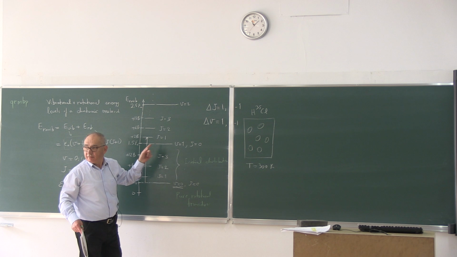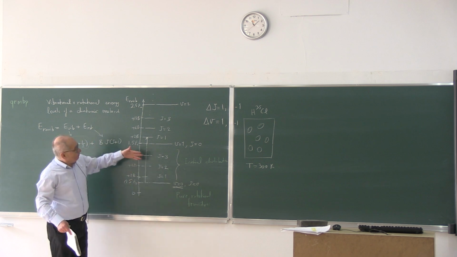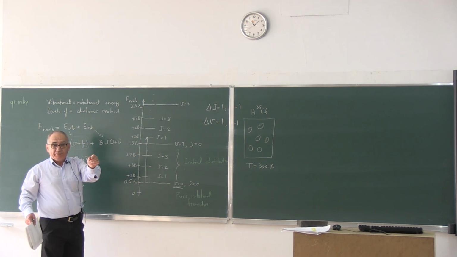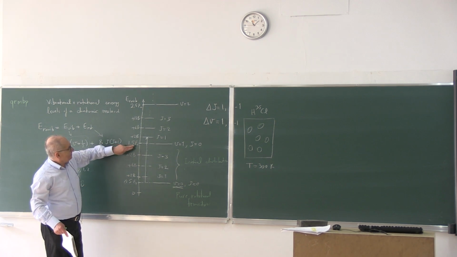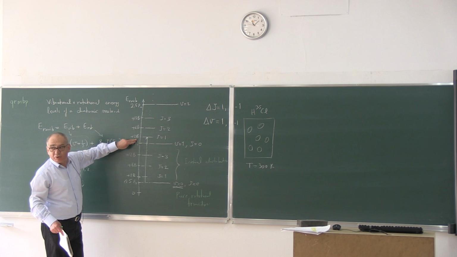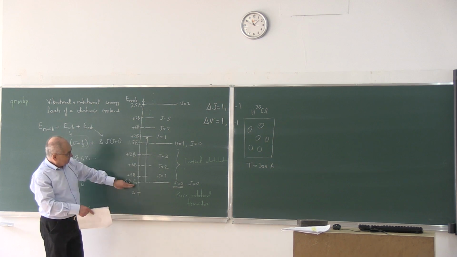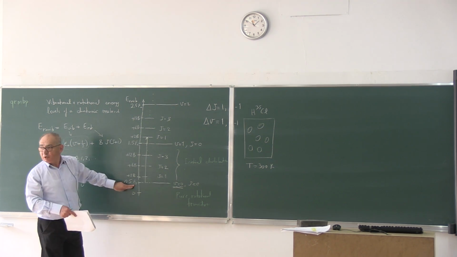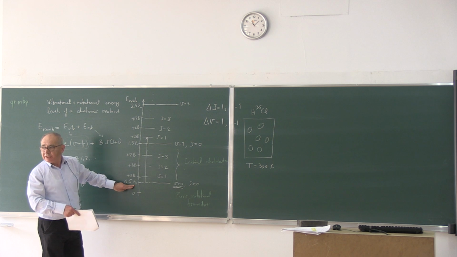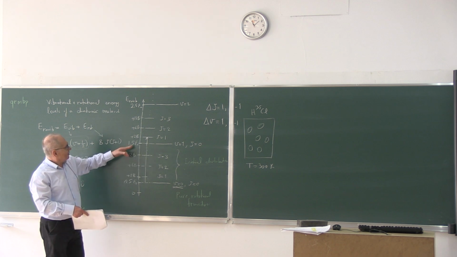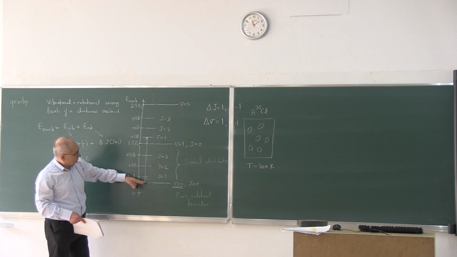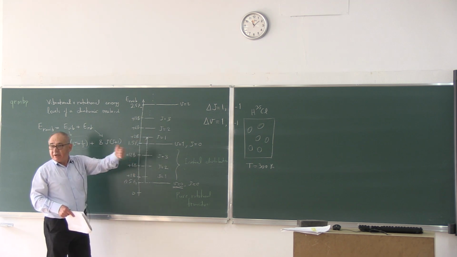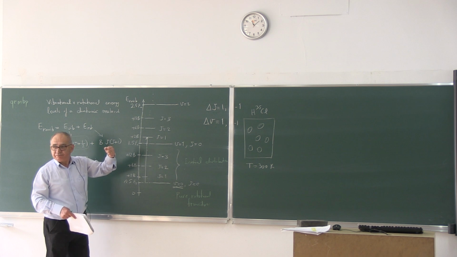Yes. What is the energy of the photon which causes this? It is 1.5 F0 plus 2B minus the initial energy, which is just 0.5 F0. That means the net result is F0 plus 2B is the energy of this photon, which will cause the absorption.